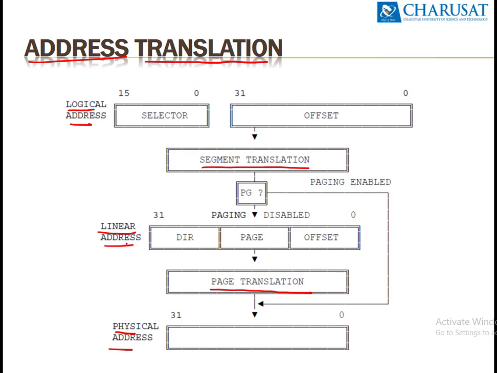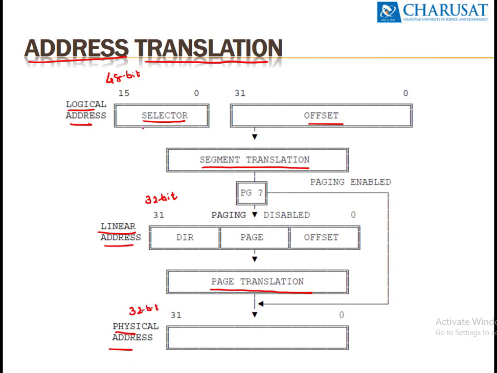Let's look at the size of all these addresses. The logical address is 48 bits. We can see here 32 bits of offset and 16 bits of selector. The linear address range is 0 to 31, so it's a 32-bit address. In the same way, the physical address 0 to 31 means a 32-bit address.